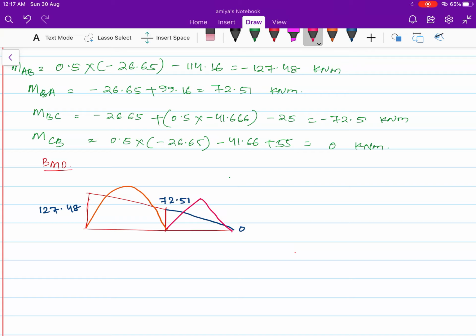Now we have to find the shear force so that we can draw the shear force diagram.